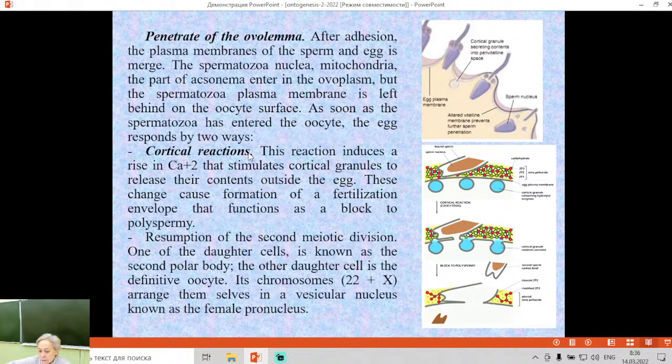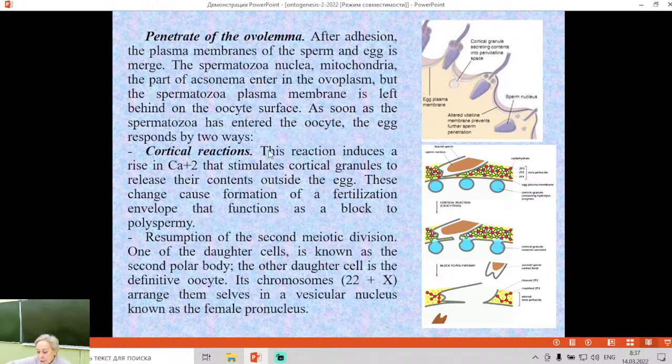Cortical reaction. This reaction includes a rise in calcium ions that stimulates cortical granules to release their contents outside the egg. As I said, under the plasma membrane of each oocyte you can see special granules, cortical granules, with special chemical substances.